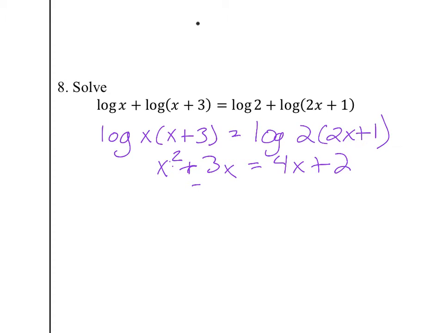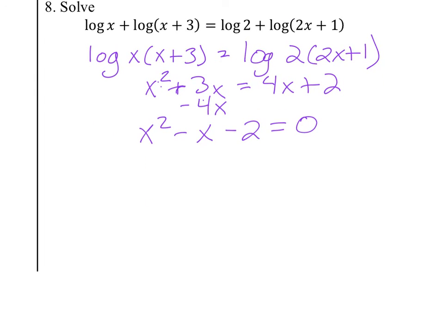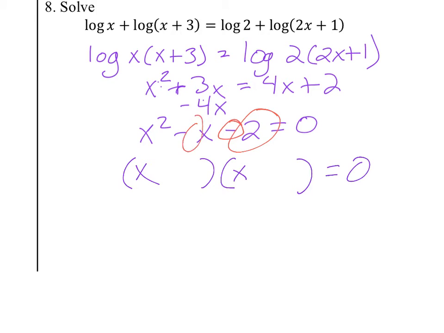So I subtract the 4x. I like my x squared to be positive. And I'm going to have minus x, and I subtract the 2. All right, now I have to factor this. I know you hate that. But as soon as I see a quadratic, I have to factor. So, factors of 2 that subtract to 1.